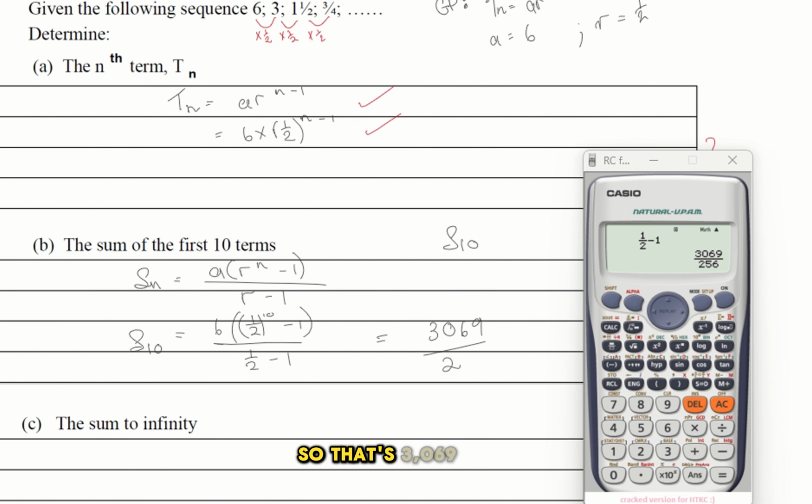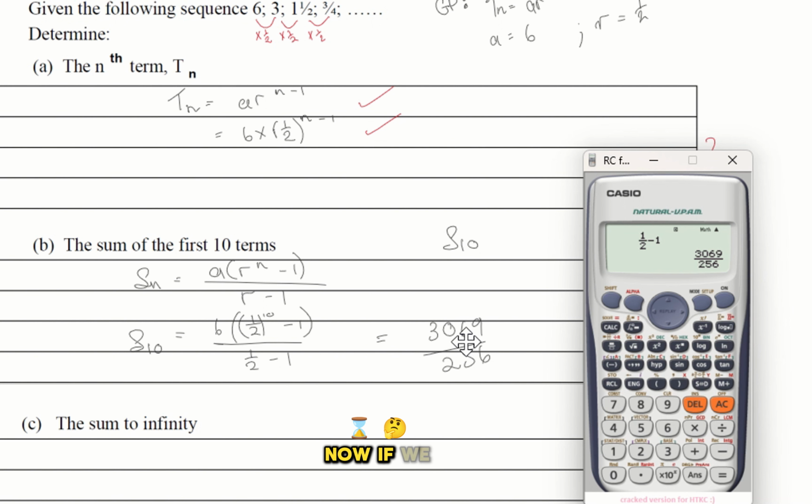So that's 3069 over 256. Let's just check the value of that. It's an estimate of 11.98. But leave it in fraction form. Most of your calculators can do that.